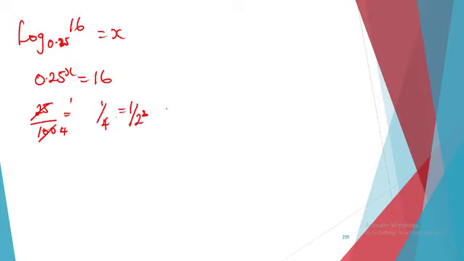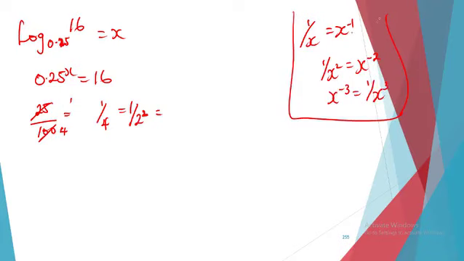Is that correct? And then by law of negative index, when we have 1 over x, it is the same as x raised to power minus 1. And when we have 1 over x squared, it is the same as x raised to power minus 2. When we have x raised to power minus 3, it is the same as 1 over x raised to power 3. So with this idea, we now have this to be 2 raised to power minus 2.